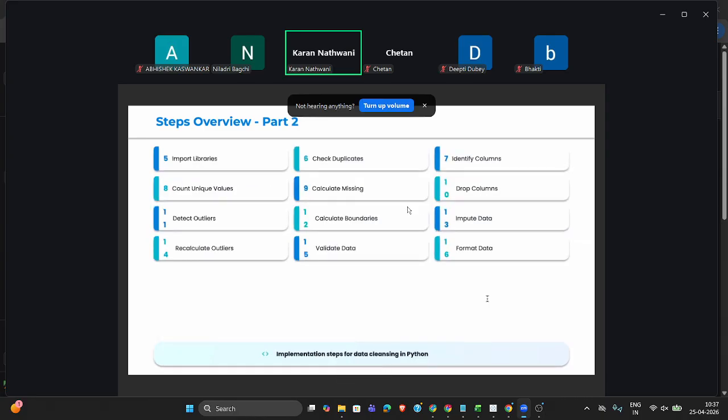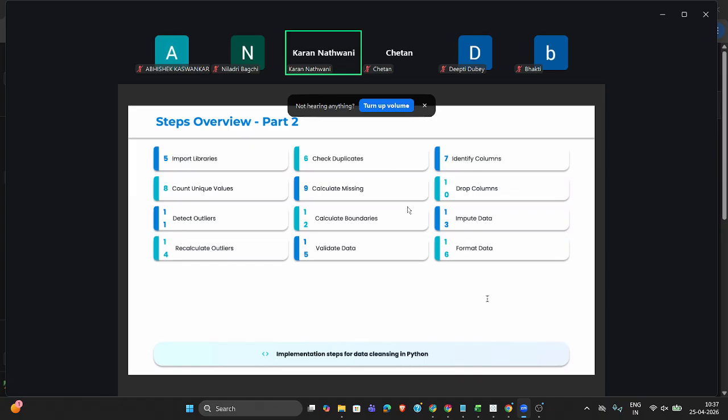Then step two: in this step, you can try to do the detection of the outliers, which I already talked about, along with importing the libraries, checking the duplicates, and identifying columns. You can also count the unique values. This is very important. For example, how do you get to know that there are duplicates? If you get the same values again and again, you count the uniqueness.